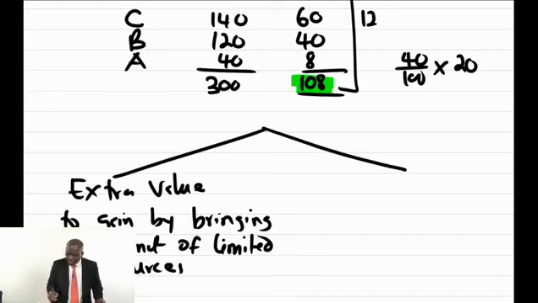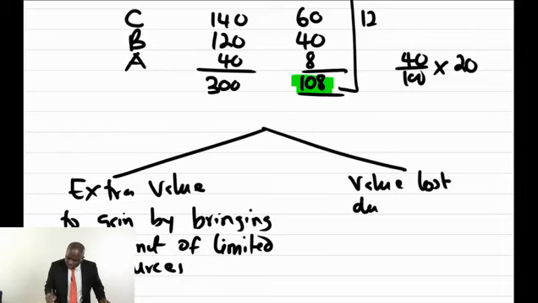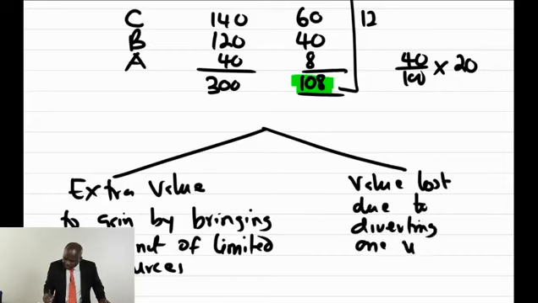In other words, we can also see that shadow price as the value lost due to diverting 1 unit of the limited resources. This is the meaning of shadow price.